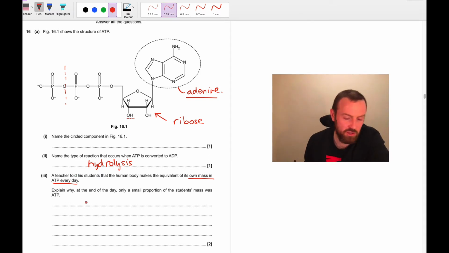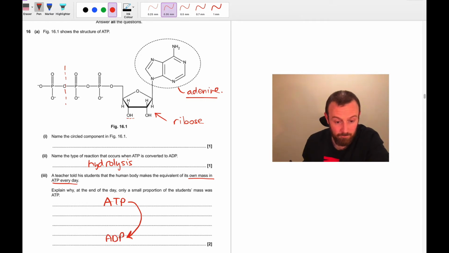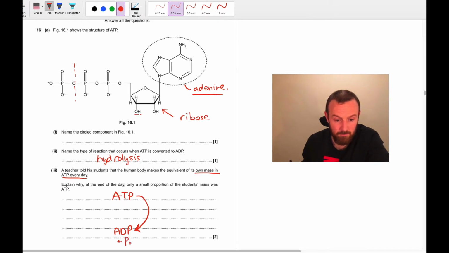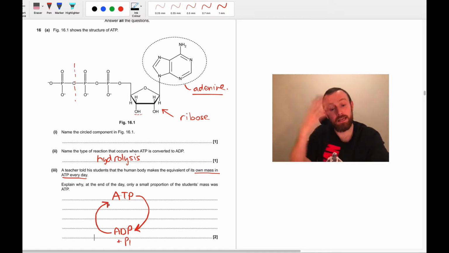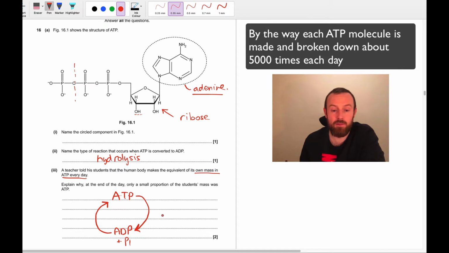I'll draw a picture and then I'll show you the mark scheme. If we think about it throughout the day, ATP is broken down into ADP plus Pi, and then it's remade. So this idea of constant recycling and regenerating, and energy is released. And why?